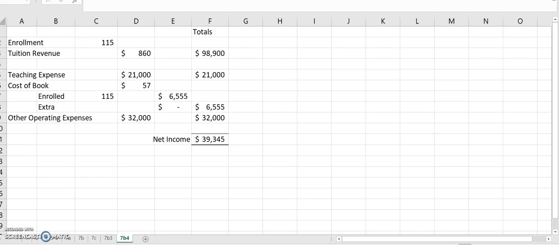So if we come back to where we had 110 students, we turned those 5 away, and we only had $35,000 in net income. Whereas if we're able to accept every student that tries to enroll, our net income can go all the way up to $39,345. So significantly more net income, which is obviously advantageous to us as a business.